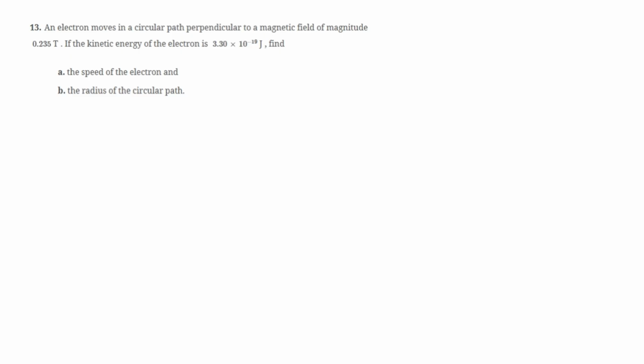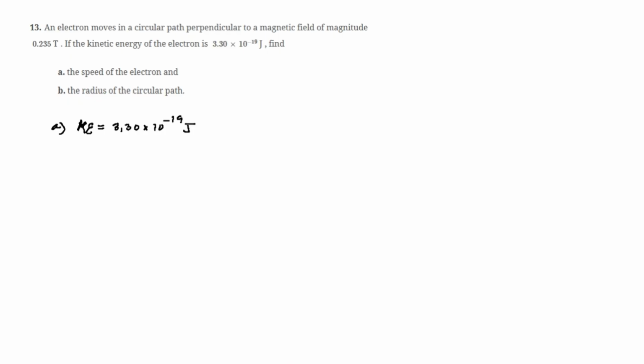Well, we know that we have an electron, so we can find the mass of the electron in the book. They give us the kinetic energy. They say that the kinetic energy is equal to 3.30 times 10 to the negative 19 joules.